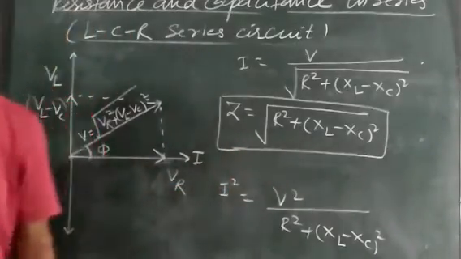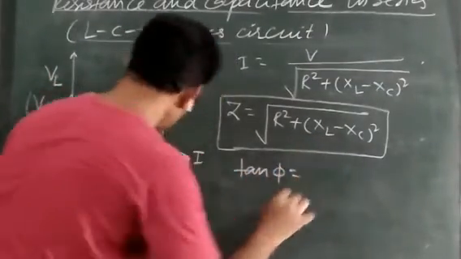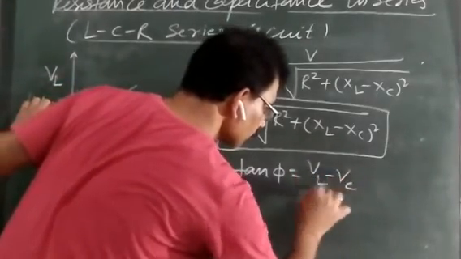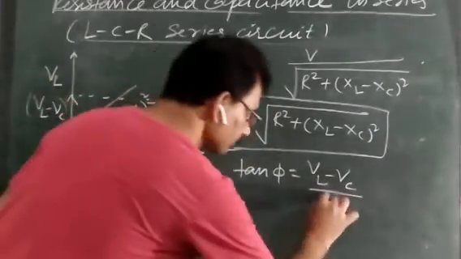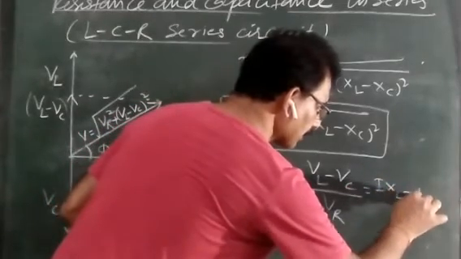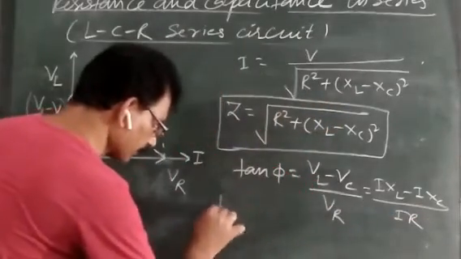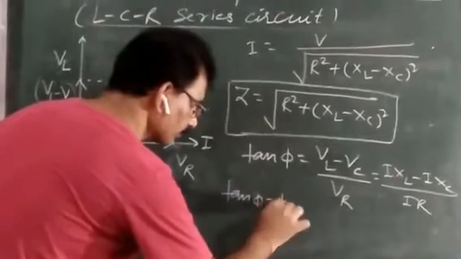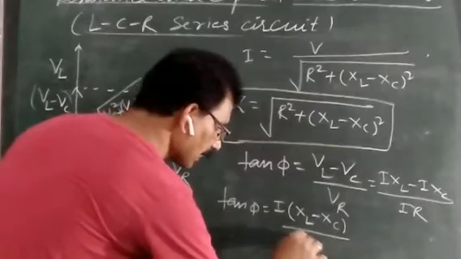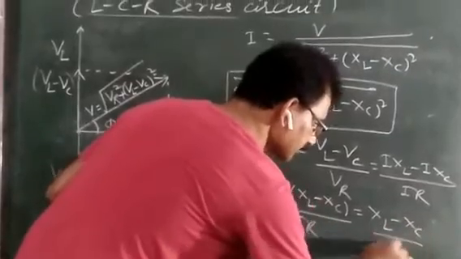So tan phi is equal to VL minus VC upon VR. In place of VL, IXL minus IXC upon, here you can write IR. Or simply you can say tan phi is equal to I into XL minus XC upon IR. I is cancelled by I. You get here tan phi equals XL minus XC upon R.